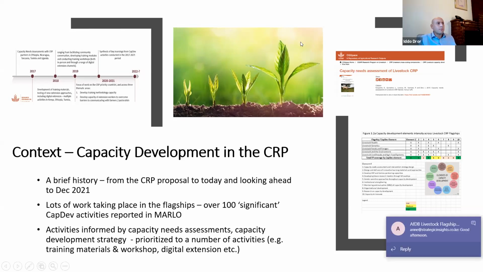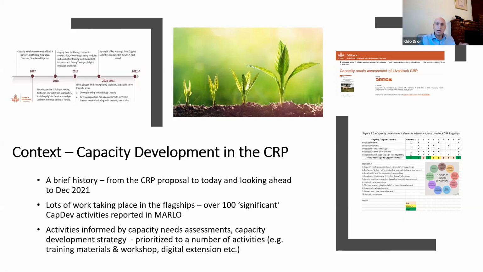And then the first big work taking place in this area was the capacity needs assessment that was done in 5 of the CRP countries. This is before we had zoomed in on the 4 priority countries, but it had covered 3 out of the 4 priority countries in the exercise.